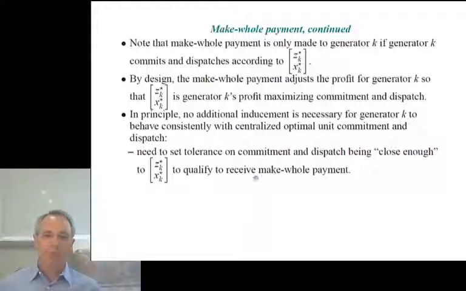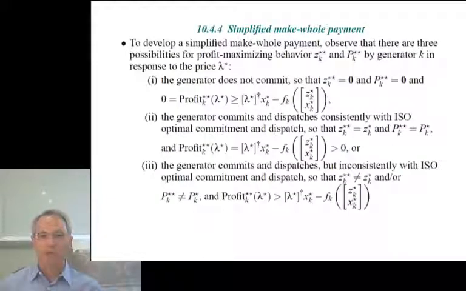In principle, there's no additional inducement necessary for generator K to behave consistently with centralized optimal unit commitment and dispatch. Nevertheless, we typically need to set a tolerance on the commitment and dispatch being close enough to zk star xk star to qualify to receive a make-whole payment. And we'll see that's particularly the case when we consider a simplified make-whole payment, as I'm about to explore.